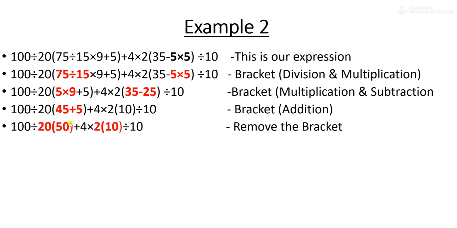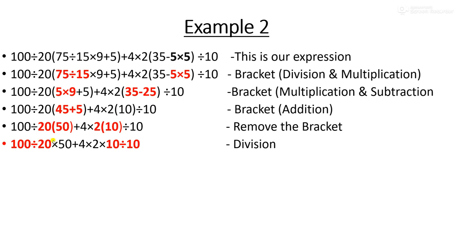Now we have to remove the brackets, and after removing the brackets we have to see what operations are there according to the BODMAS rule. After the bracket, division comes.